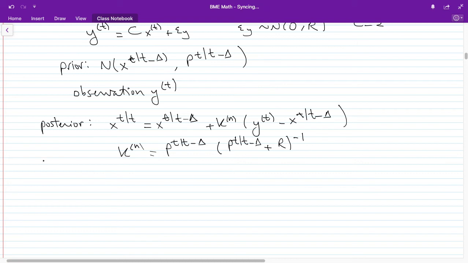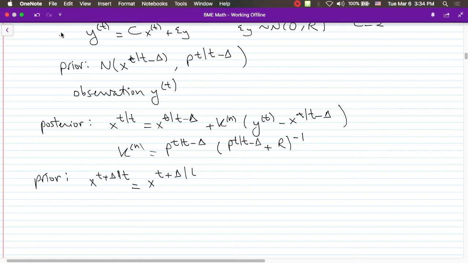Once we have our prior on this trial, we have our posterior on this trial after we make an observation, then we have prior on the next trial, which is x of t plus delta given t. That's just equal to... Let me fix this.